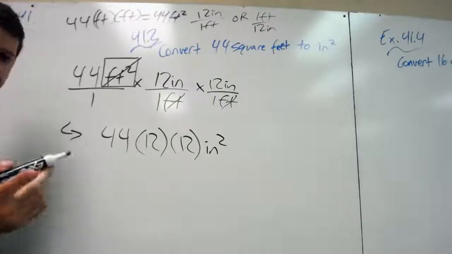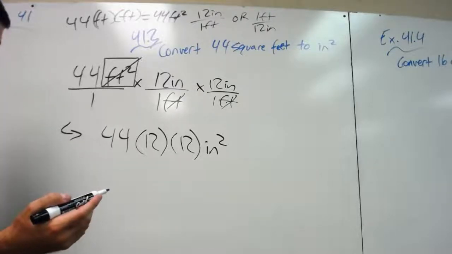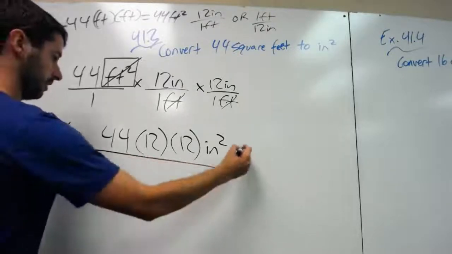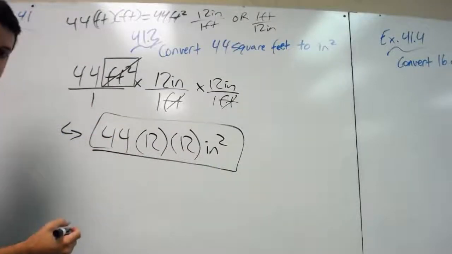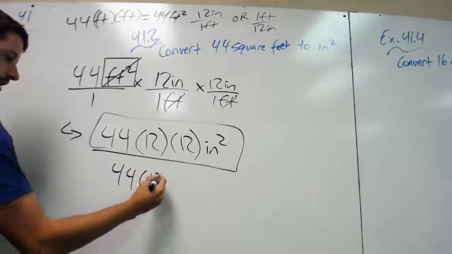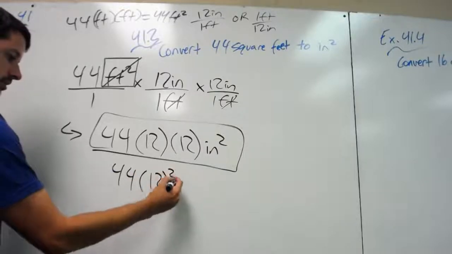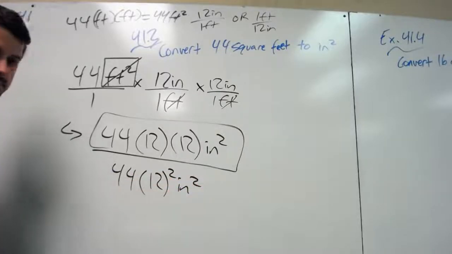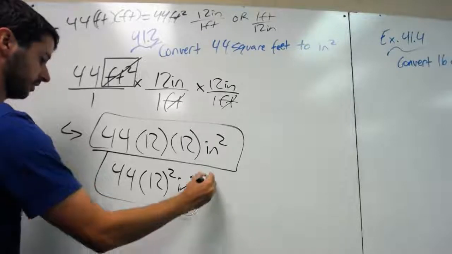Now let me just show you the different ways we can write our answer. We can write it this way. That's totally fine. You could simplify the 44 times 12 squared inches squared. That would work.